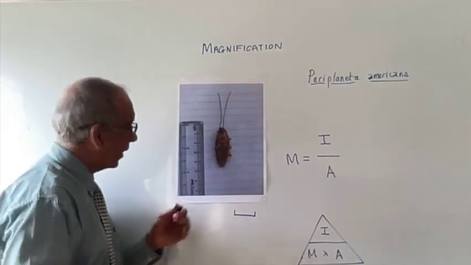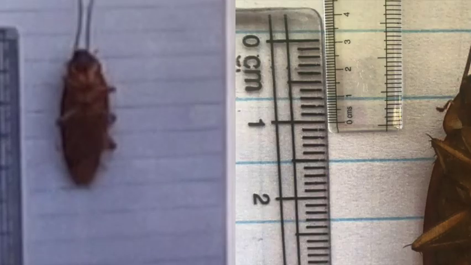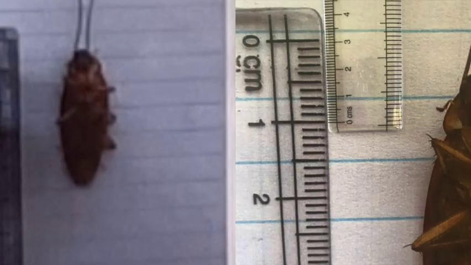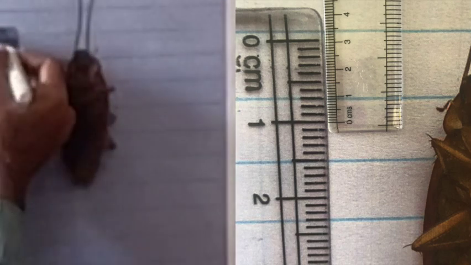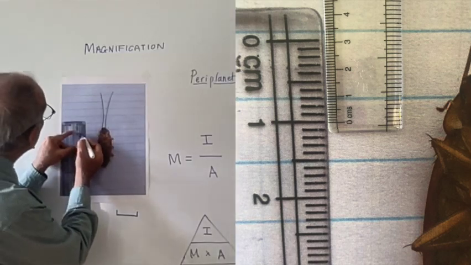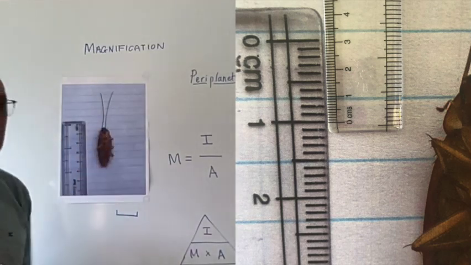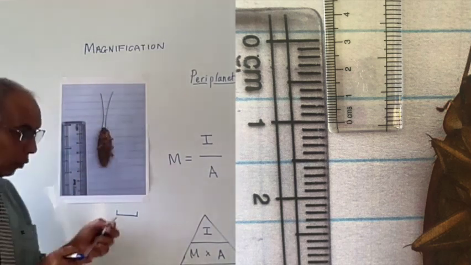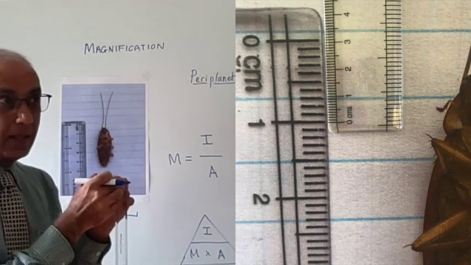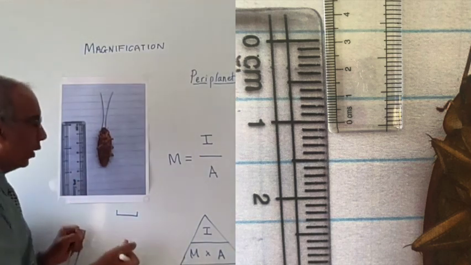So what I mean by that is I can take this ruler then, and I can go here, and where I have 1 centimeter, I can see that 1 centimeter on the image up here is actually 3.1 centimeters on this ruler. So that means that my 1 centimeter here has been magnified 3.1 times.